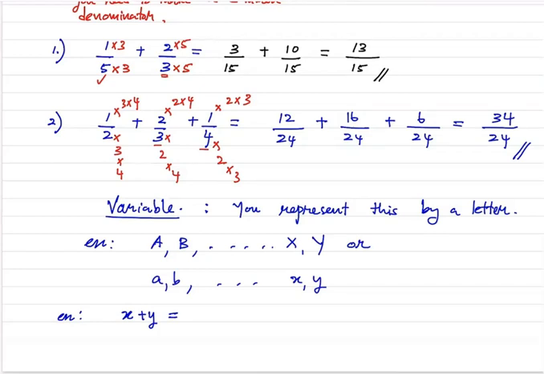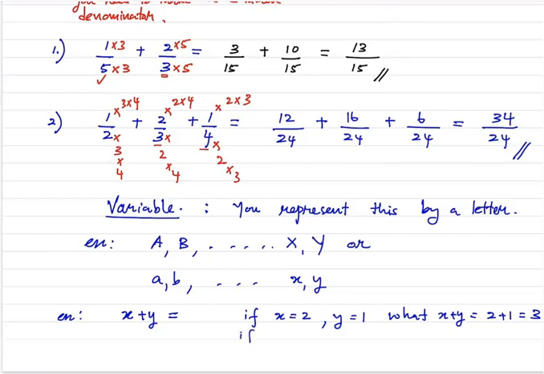Because we don't know what is X. We don't know what is Y. But if X is equal to 2, Y is equal to 1, now what is X plus Y? Now we are talking something that makes sense. So 2 plus 1 is 3. So X plus Y becomes 3 when X and Y values are specified.